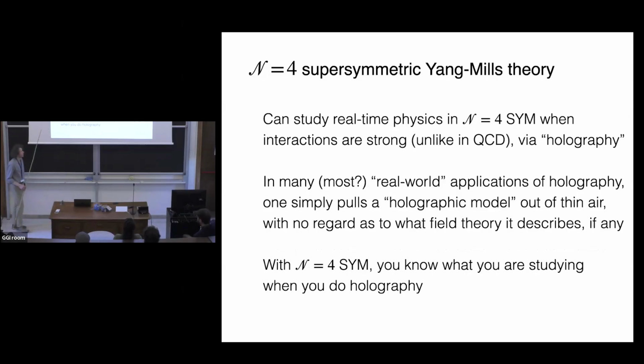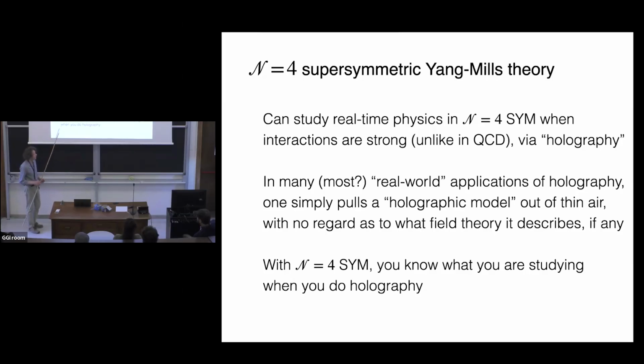And there is one comment that I wanted to make is that many people in the room have heard about holography, no doubt. And it's important to remember that in many or maybe most quote-unquote real-world applications of holography, one simply pulls a miraculous quote-unquote holographic model out of thin air with no regard as to what field theory this model is supposed to describe, if anything at all.